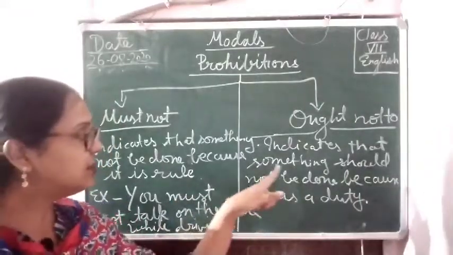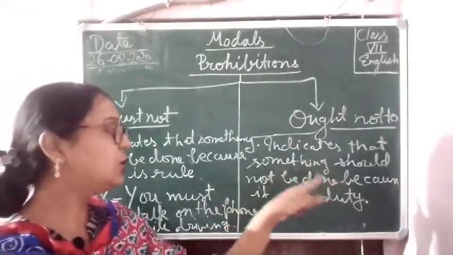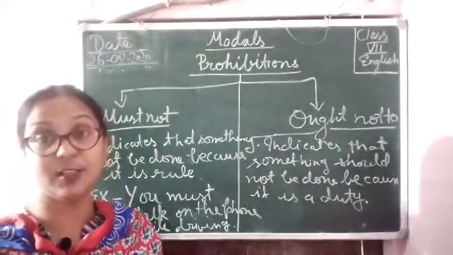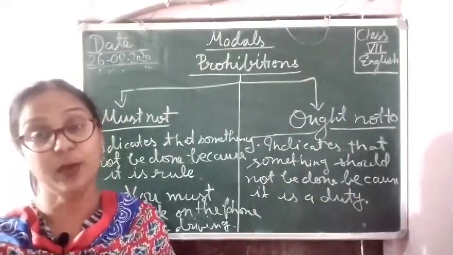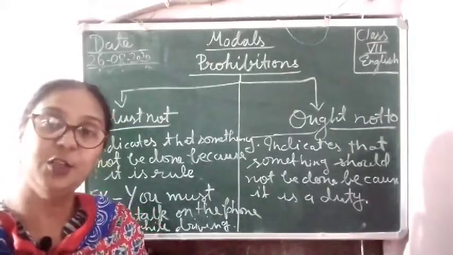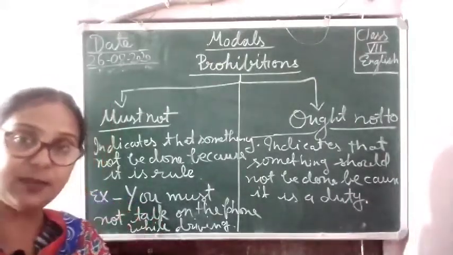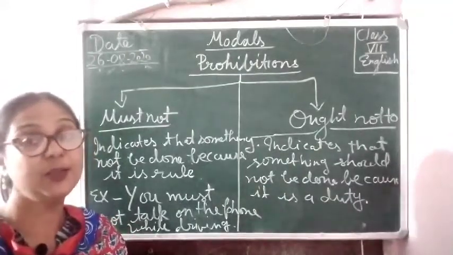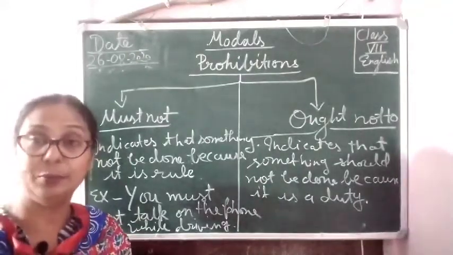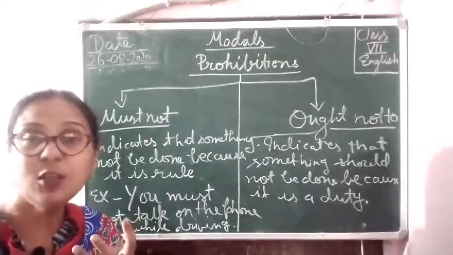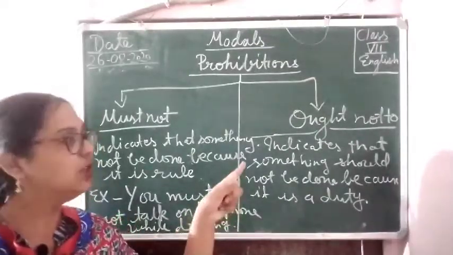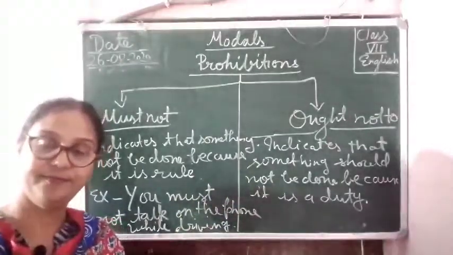So that is why it is written, indicates that something should not be done because it is a duty. If duty is going to be expressed, that you are not supposed to do that, so that time we are using this ought not to.